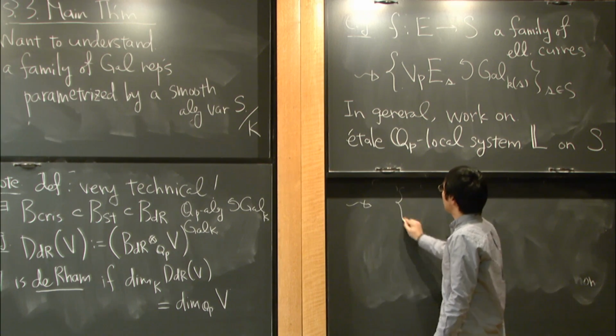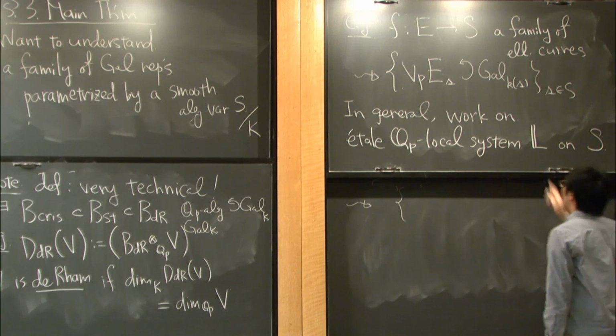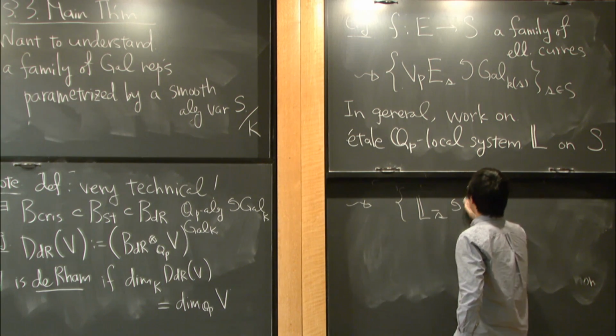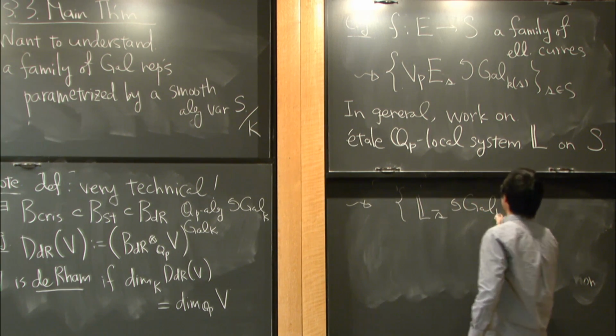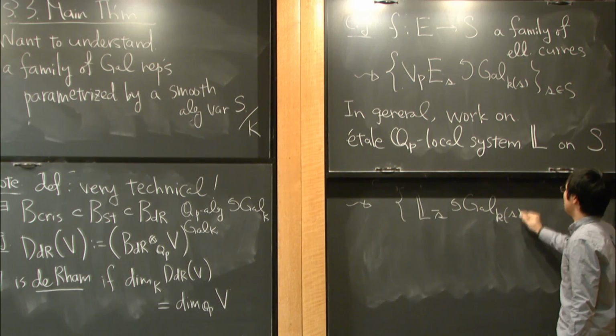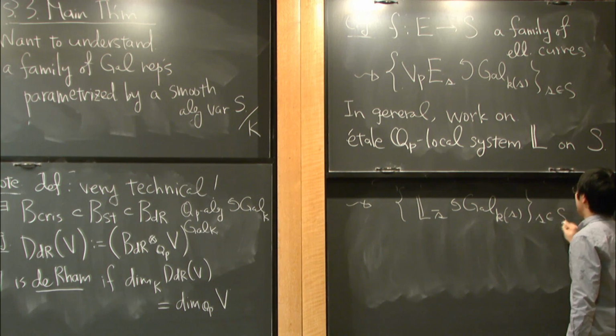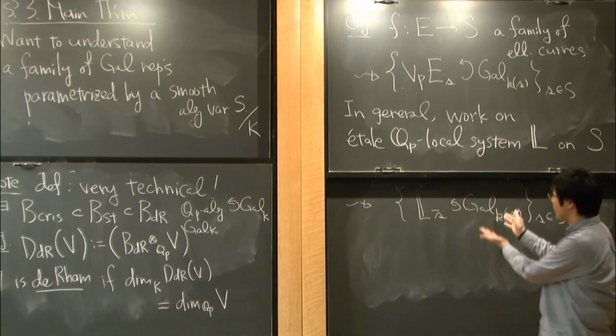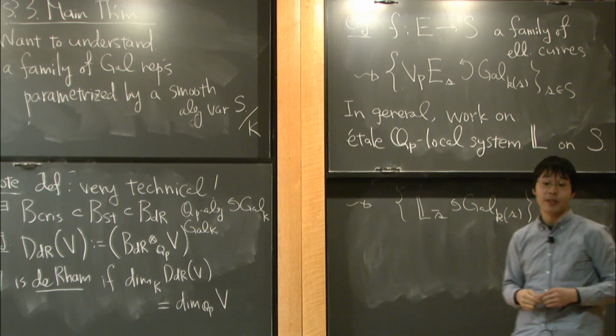For each point s inside my variety, you consider the geometric stalk, and this admits an action of the Galois group of the residue field as my point varies over my parameter space S. So I want to call this a family of Galois representations.